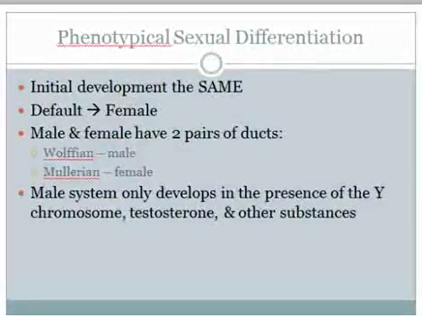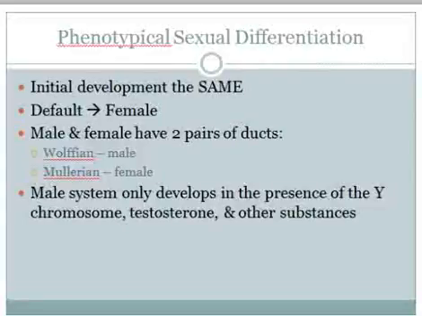So for thinking about phenotypical differentiation between male and female, first of all, that initial development in utero is the same, whether we ultimately end up having a sex that's female versus male. And the default for all babies is going to be female, unless there's this small portion known as the SRY portion on the end of one of the arms of the Y chromosome.